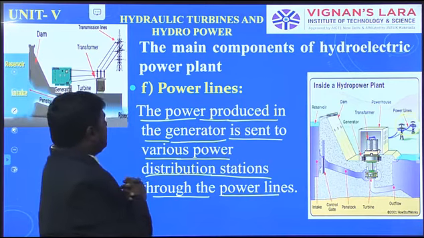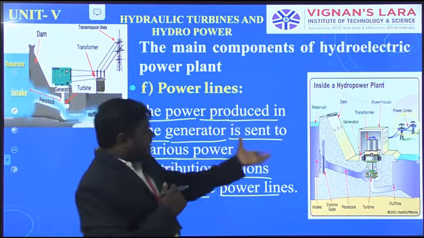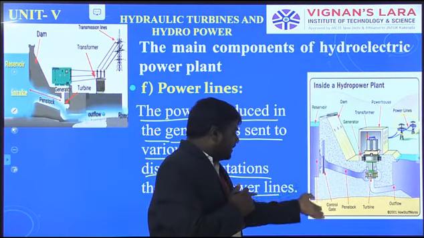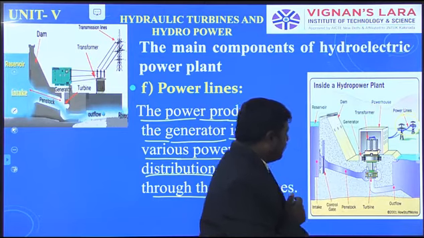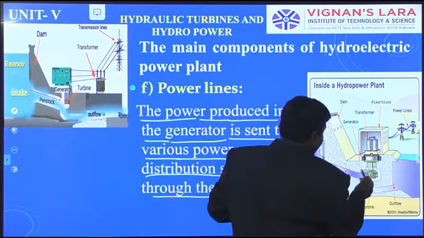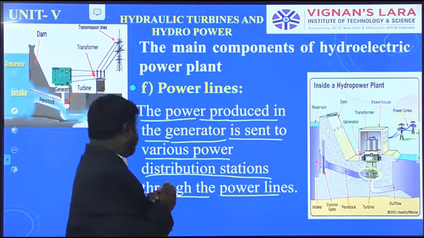These are the main parts: reservoir, dam, generator, transformer, intake, control gate, penstock, turbine, and outflow. These are some of the components of the hydroelectric power plant.